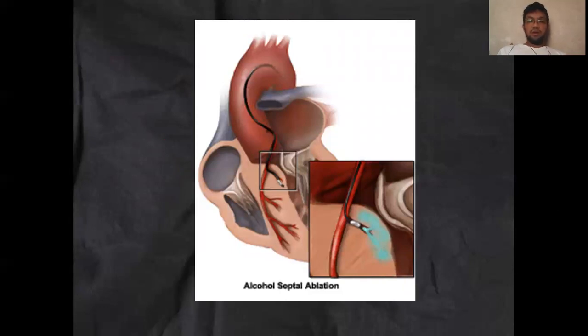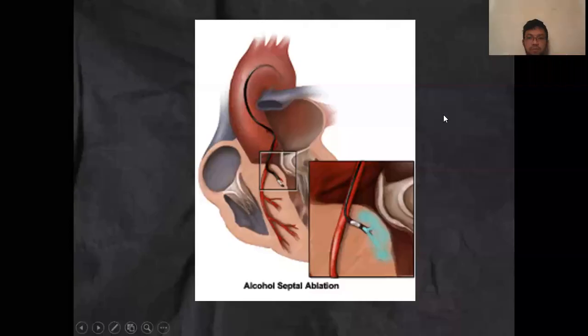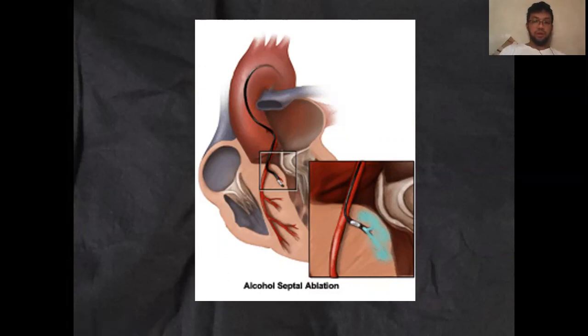And there's another procedure here where they are going to do alcohol septal ablation. In this procedure, it's similar to cardiac catheterization, wherein the doctor is going to use alcohol through the cardiac catheter. So they're going to introduce alcohol into the area where the heart muscle has thickened.